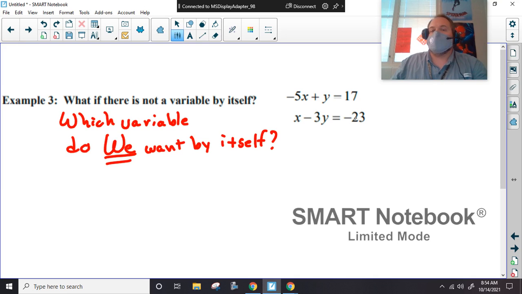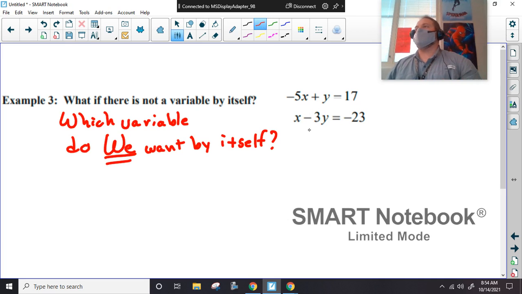On the top, you're going to have some really weird fractions. The x always goes first. So notice I said we. It doesn't matter. We could do either one. What do y'all want to get on one side by itself? All right, x.